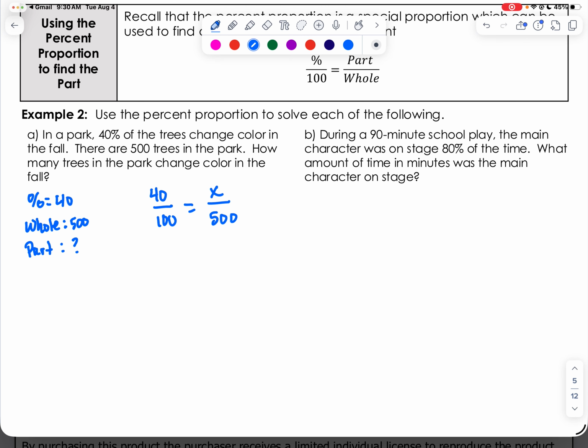Now, what we want to do is look for a scale factor. We know that we can multiply 100 times 5 to get 500. So if we can multiply 100 times 5 to get 500, we can also multiply the 40 times 5. And 40 times 5 is 200.